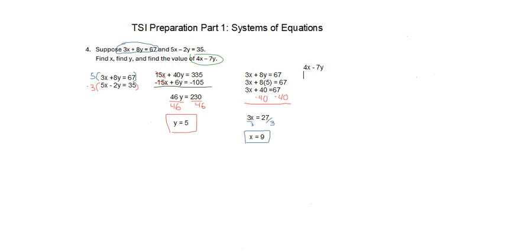So that means we can do 4 times 9 minus 7 times 5. 4 times 9 is 36. 7 times 5 is 35. And 36 minus 35 is equal to 1. And that takes care of our question right there.